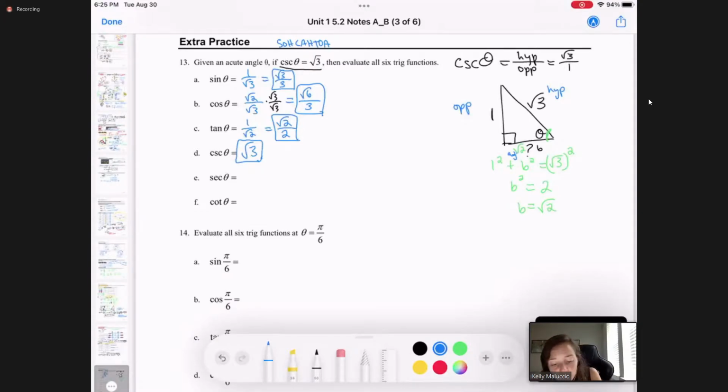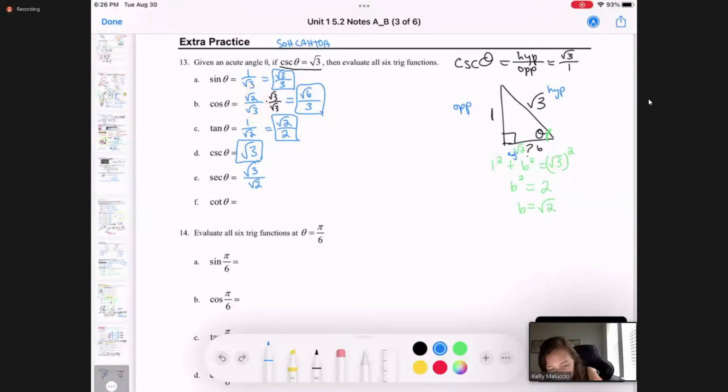Secant, so cosecant, remember, is the reciprocal of sine. So secant is the reciprocal of cosine. So I just know right off the bat, root 3 over root 2. You could say it's 3 over root 6, actually. You could also just start here with root 6 over 3, and flip that and then rationalize. But I'm going to start with this one here and then rationalize.